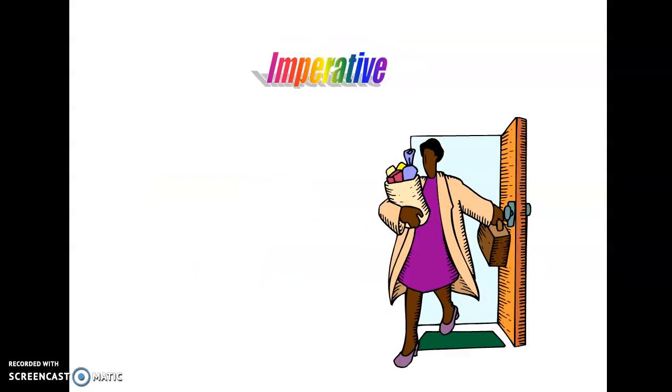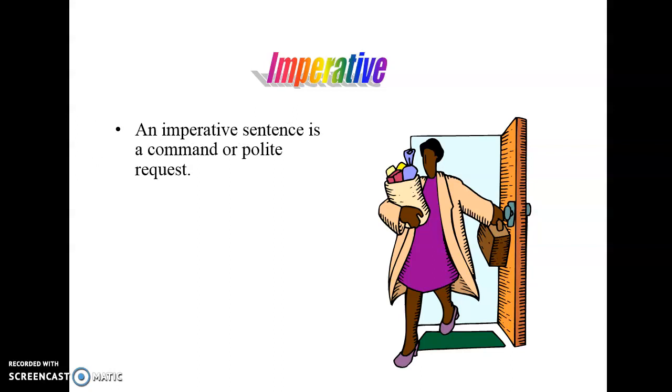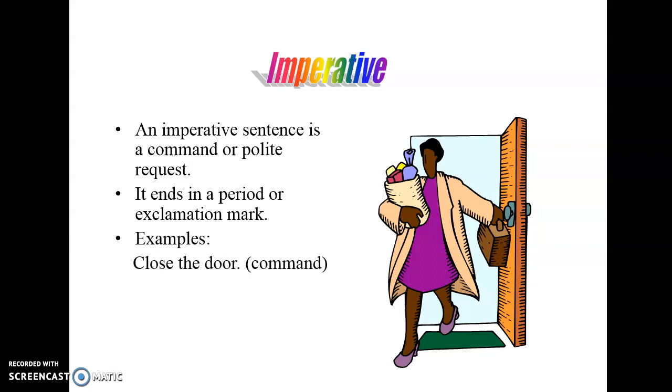Next, we have the imperative sentence. An imperative sentence is a command or polite request. So you're asking something. It ends also in a period or with an exclamation mark. Examples: close the door. I'm telling you to do something. Close the door. Okay, it's a command.